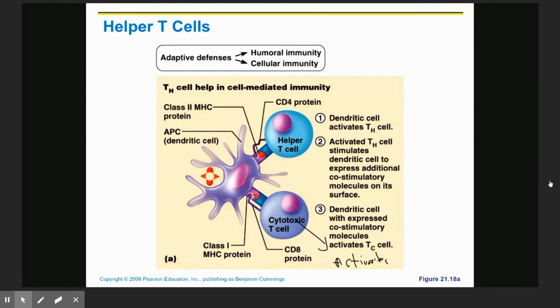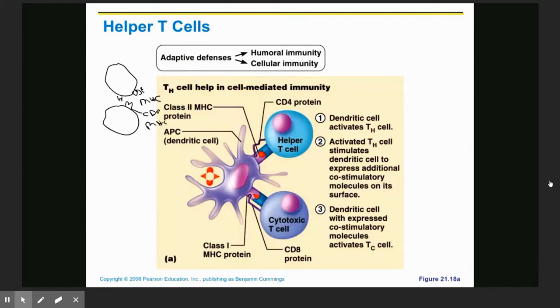So think about this. Can a T helper cell hook up directly with a T cytotoxic cell? Remember, this one has CD4 on it. And CD4 can only hook up with MHC class 2, but this one has CD8 on it. And it can only hook up with MHC class 1. It would be very awkward for these two to hook up.